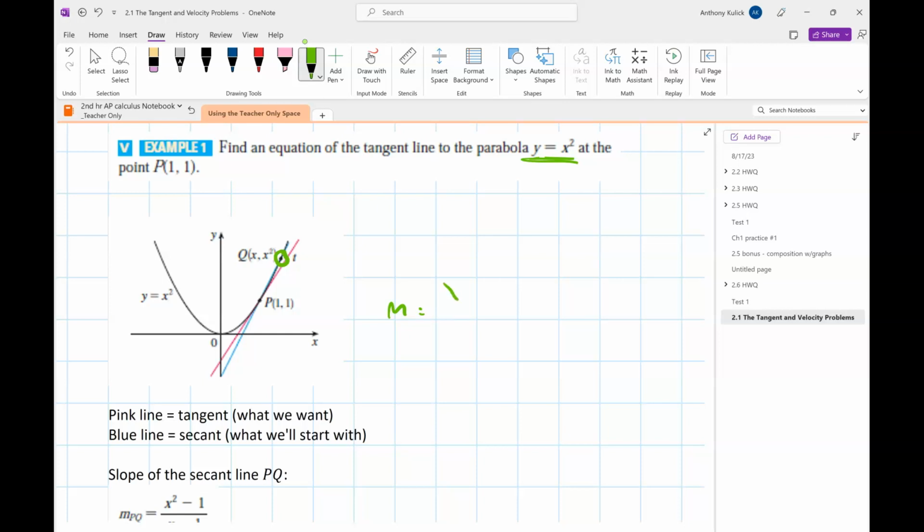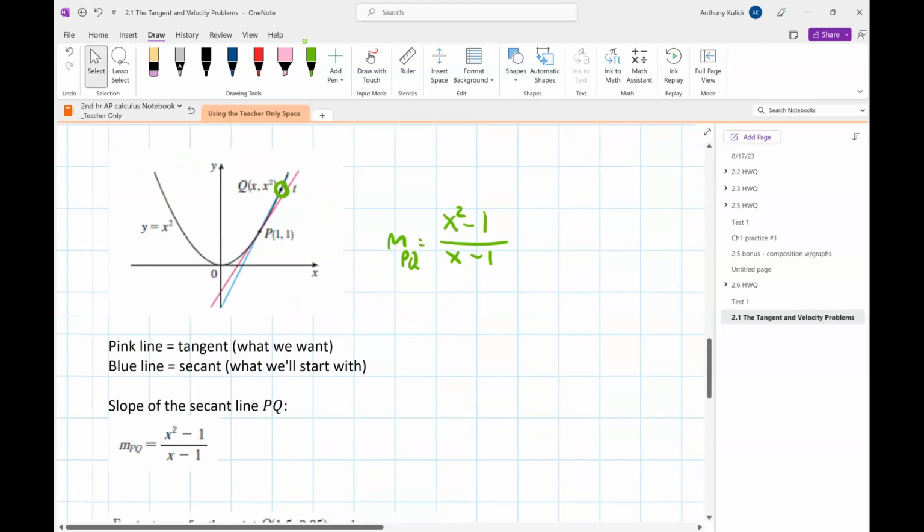So I have the change in y's between P and Q over the change in x's, which I've written down here. That's just the slope, rise over run. I like to think about change in y over change in x. The Greek letter delta represents change. You might remember that from a chemistry class you've had.